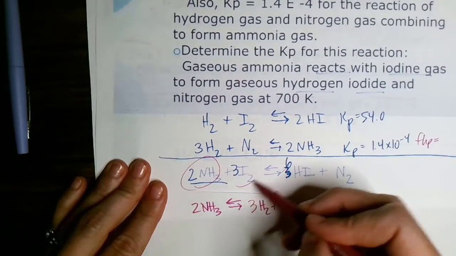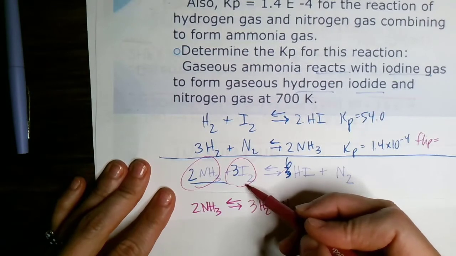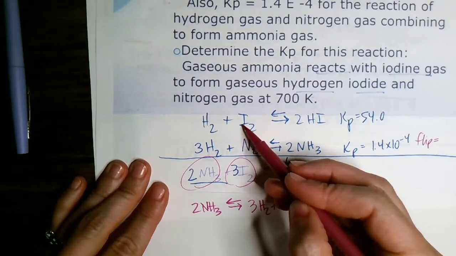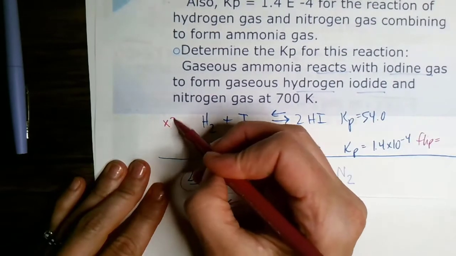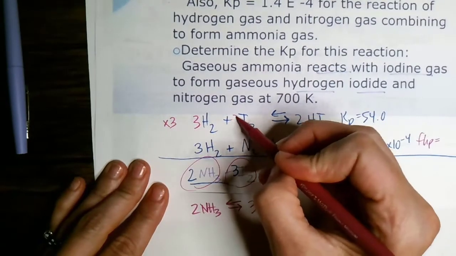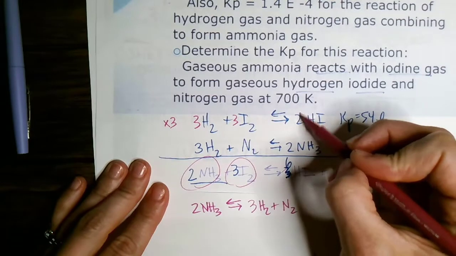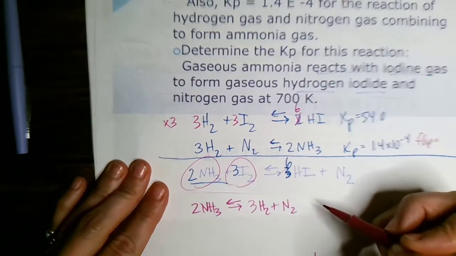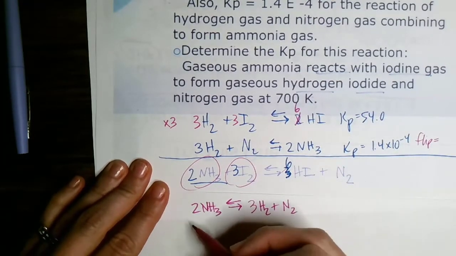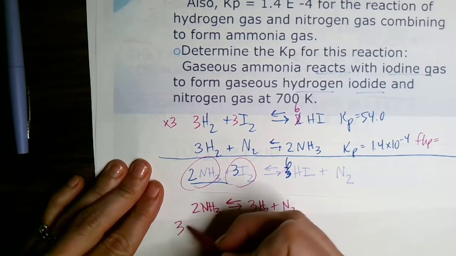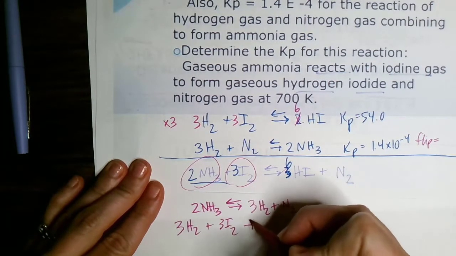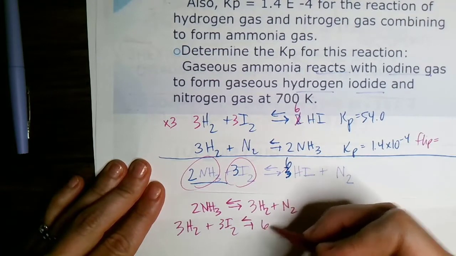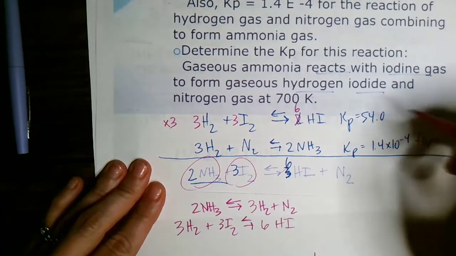We need 3 I2s on the left. But right now we have 1 I2 on the left, so we need to times all of these by 3. 3 times 2 would be 6. So I would have 3H2 plus 3I2 producing 6HI.